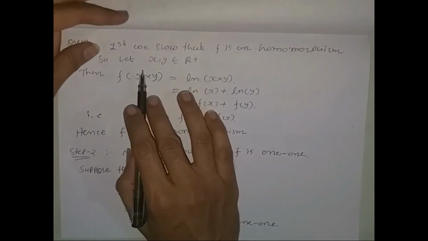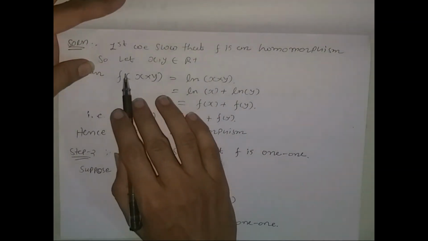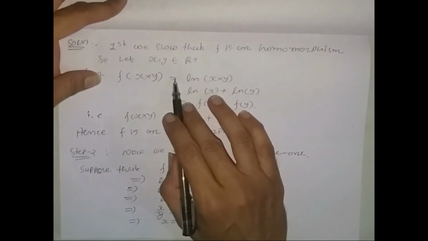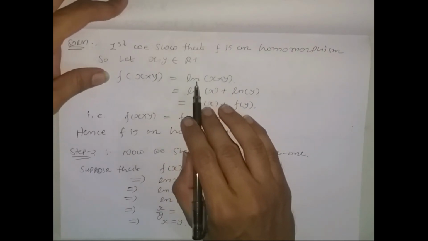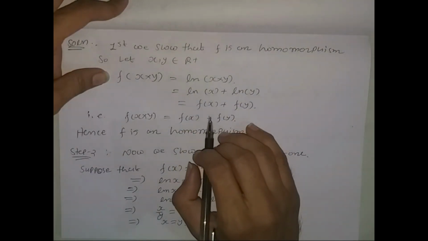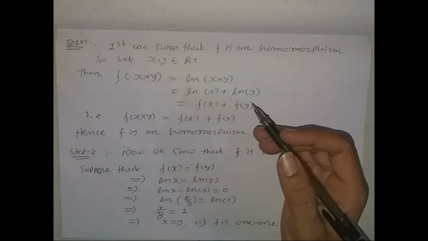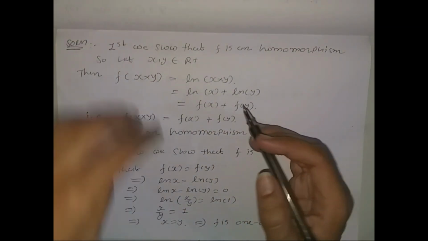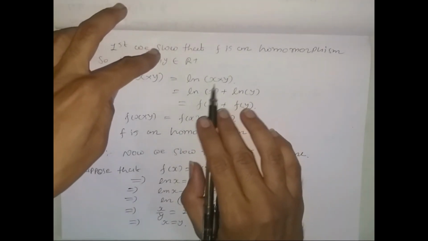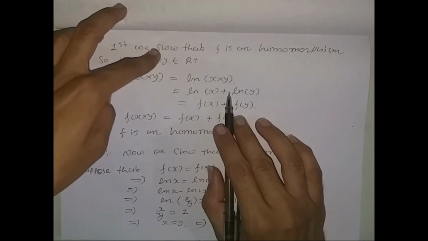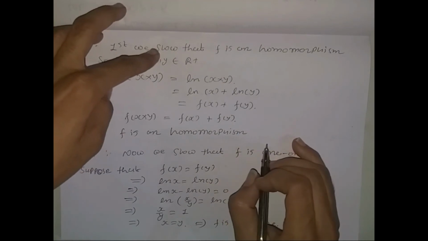Now product is the binary operation for R plus, so f of x cross y is equal to log of x cross y. Now in logarithm we know that log of product is sum of logs, okay. So log of x cross y is equal to log of x plus log of y.